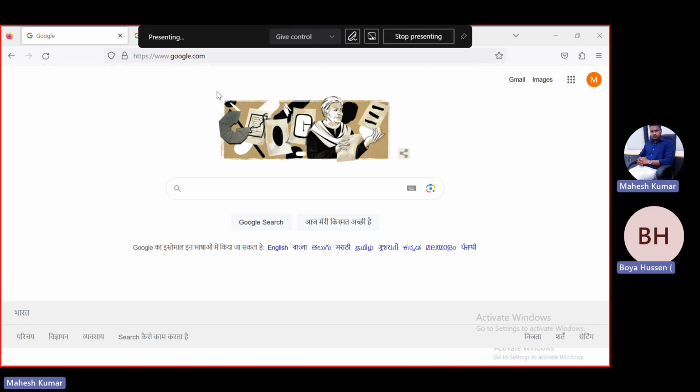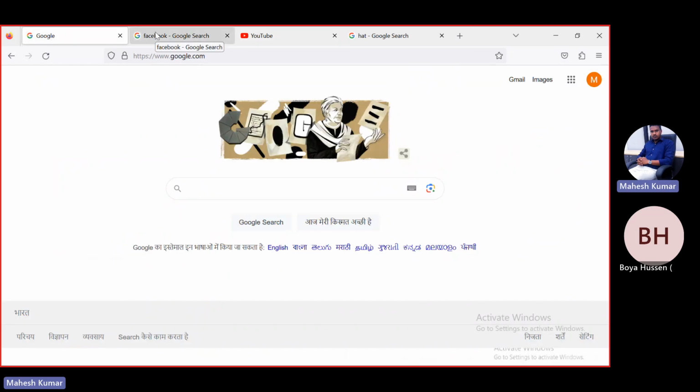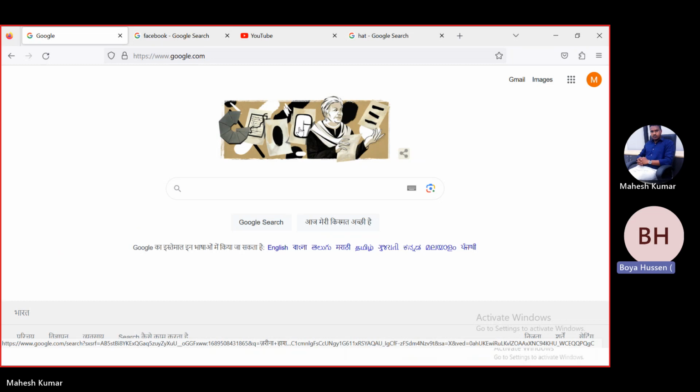Because I hit it into this one, right? So who is responsible for this? The session layer. Due to the session layer only, we get the exact output in a single browser with multiple tabs. Got it? Clear.